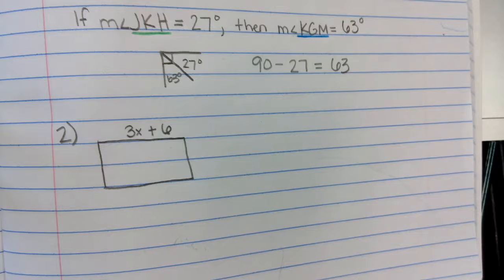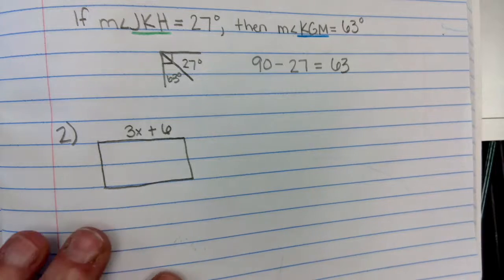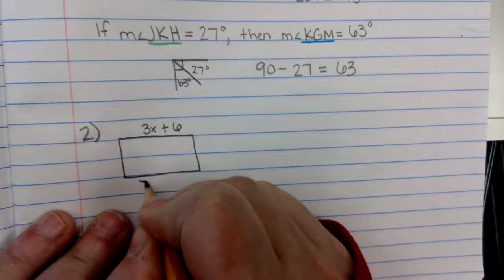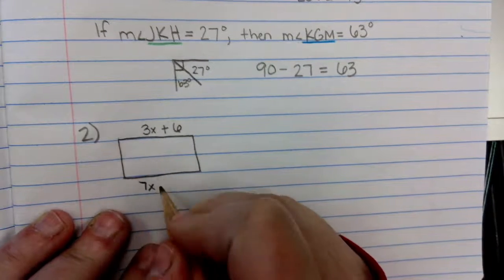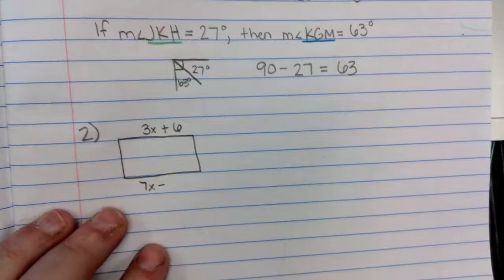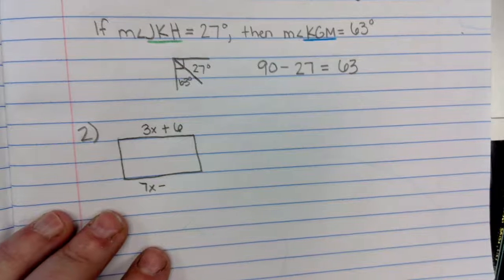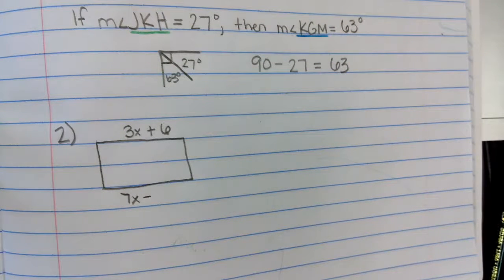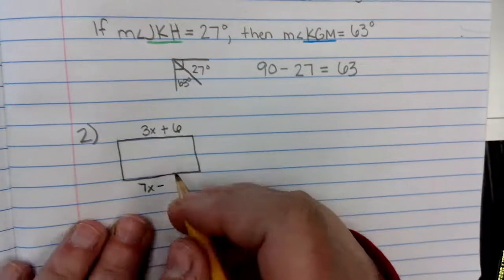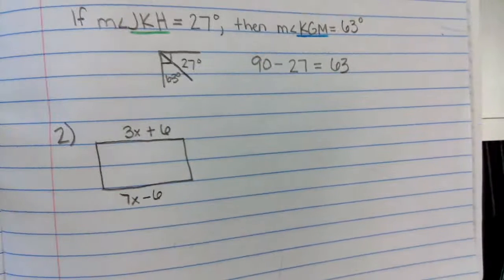One second. That doesn't make sense. Yeah, minus 6, right? Yeah. And our directions are going to be to find x. So how are we going to set up an equation here to find x?